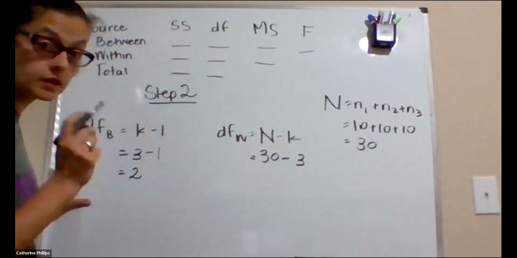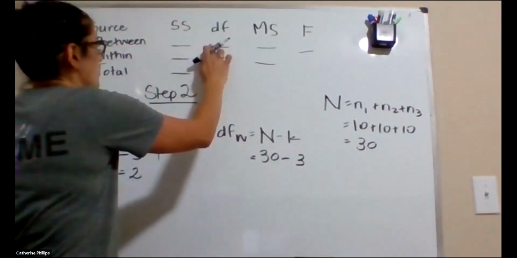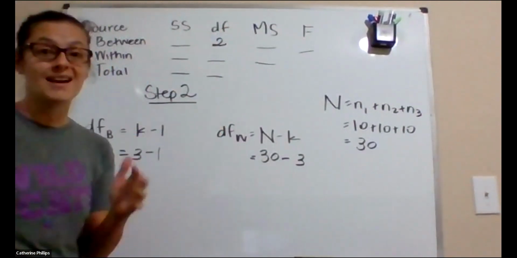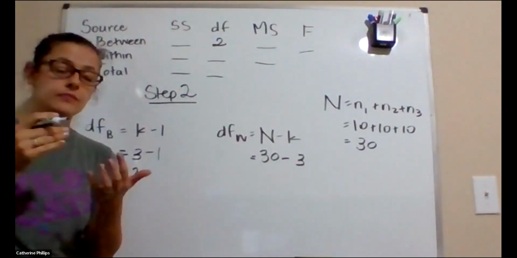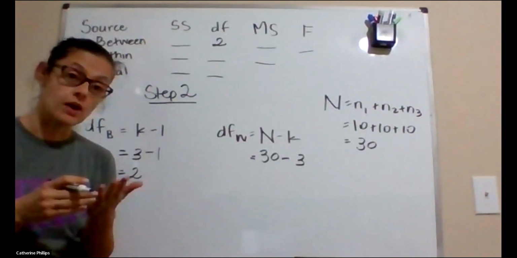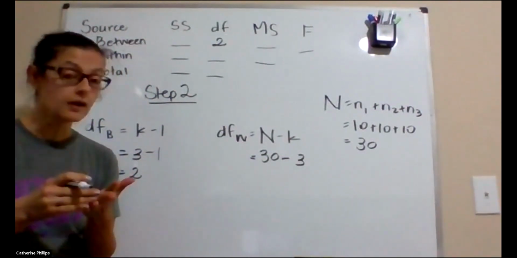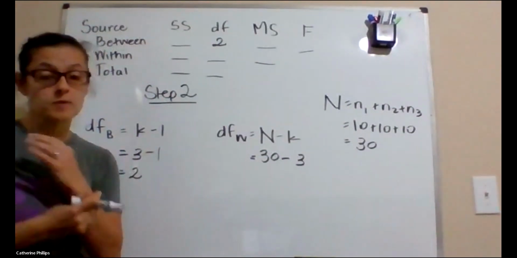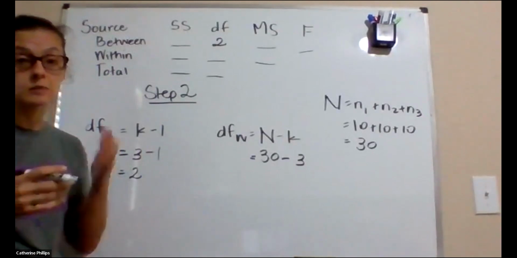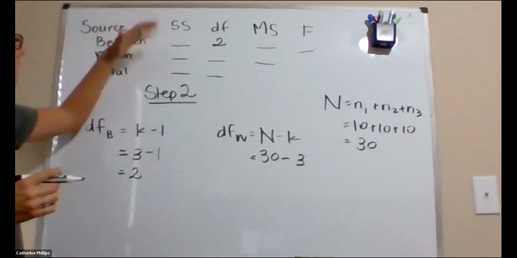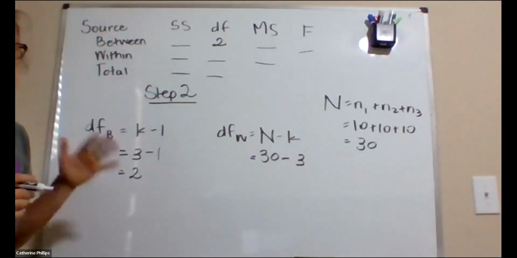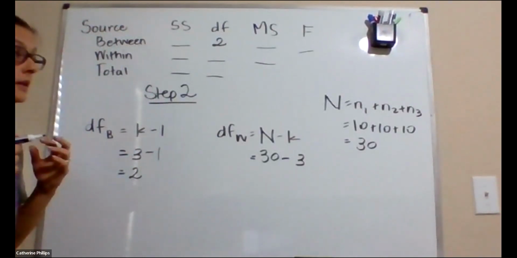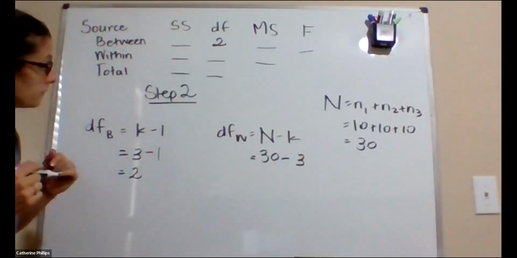I strongly suggest that you have your Anova summary table all ready to go, and that you fill it in as you compute some of these values. What that does is it helps you keep track of what you've computed. It organizes your information and helps you see the relationships between things, because the Anova summary table is organized in a very specific way, a very intentional way.